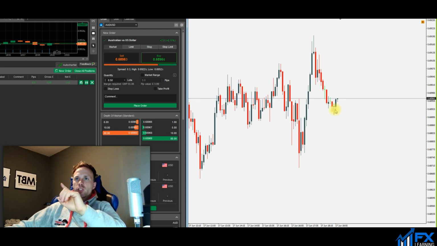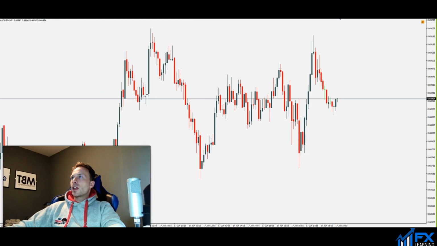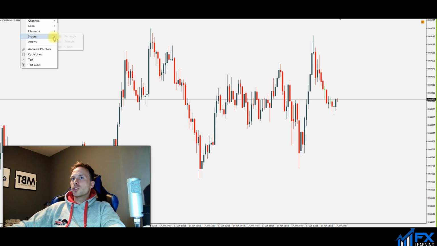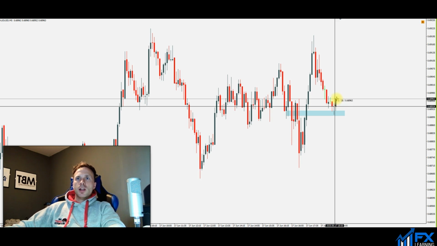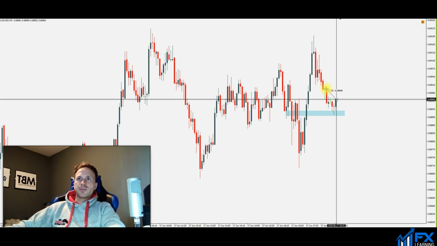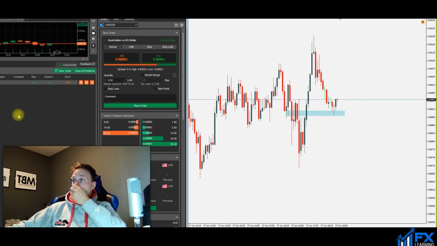We've got a nice little rejection wick there, which is rather interesting. What I like about this on AUD USD is this little rejection area just here. You can see a little rejection area, which is really nice. And then we've closed with a very bullish momentum candle here, which should give me my 5 pips take profit.